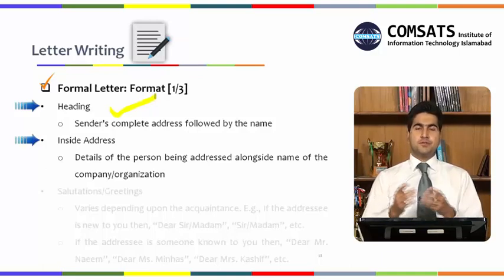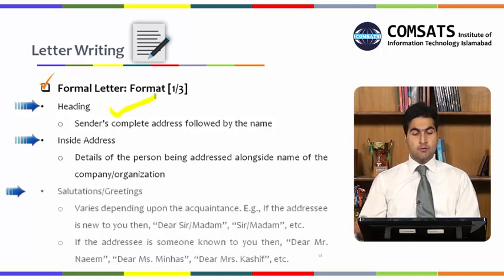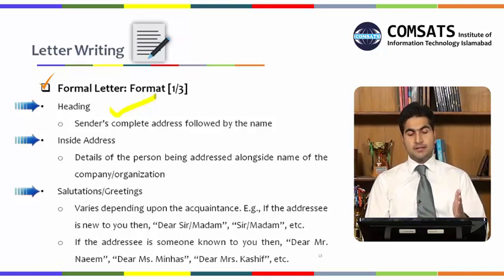The person who is going to receive the letter will be the target, the focus, and his or her details should come right after the heading, in the inside address. Once you have provided the inside address, you will move ahead towards salutation and greetings. Now these salutation and greetings, of course, vary depending upon the acquaintance, the kind of relation which is there between the addresser and the addressee.